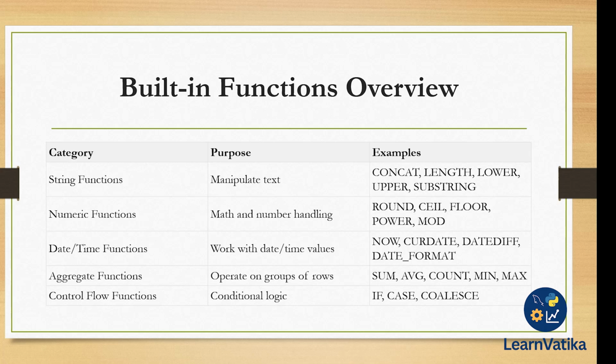When it comes to date and time functions, we have NOW, CURDATE, DATEDIFF, and DATE_FORMAT, and many more. Then we have aggregate functions such as SUM, AVG, COUNT, MIN, MAX. And to control the flow, we have conditional logic functions, or control flow functions, such as IF, CASE, and COALESCE.